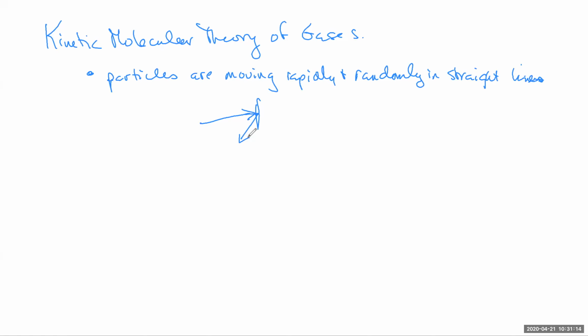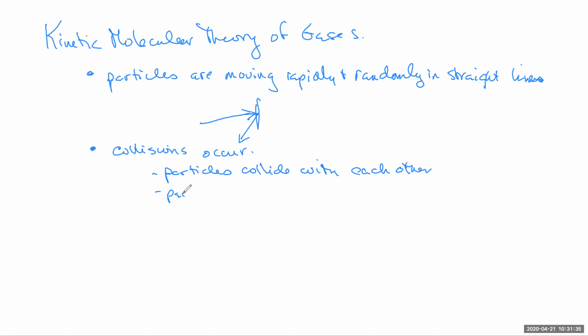Again, you're going to look at a simulator in lab this week. You'll be able to visually see that. When the particles are moving around, collisions occur. 2 types of collisions occur. Particles collide with each other, and particles collide with the walls of the container.